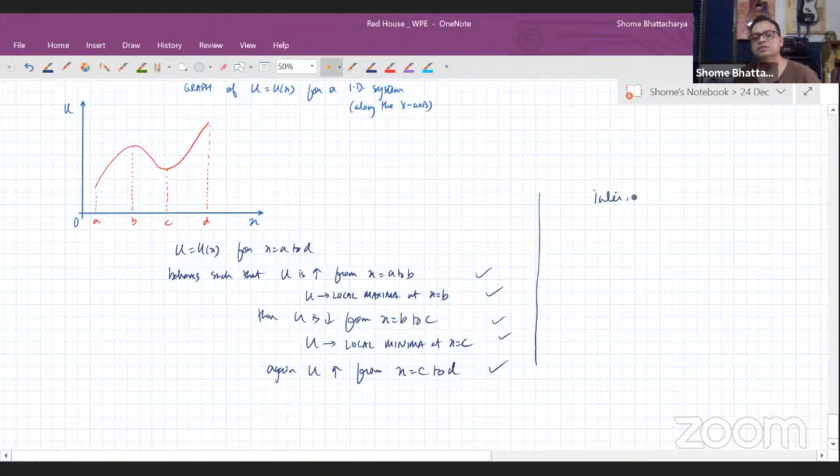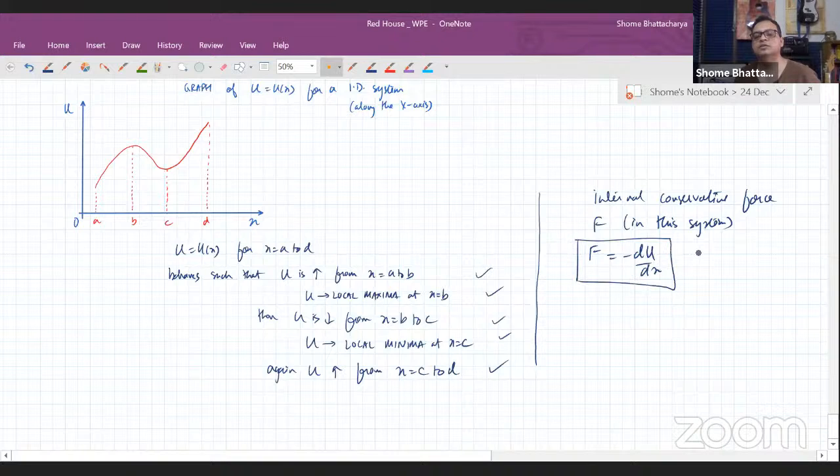Now what can we say about force? The internal conservative force F in this system will be minus dU/dx. So in terms of the graph, F is the negative of the slope of U versus x at any point. Therefore you can see that F is negative from A to B, because the slope is positive.